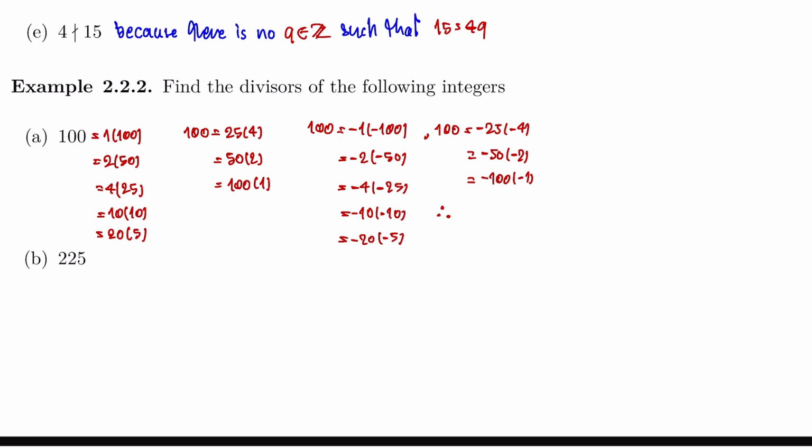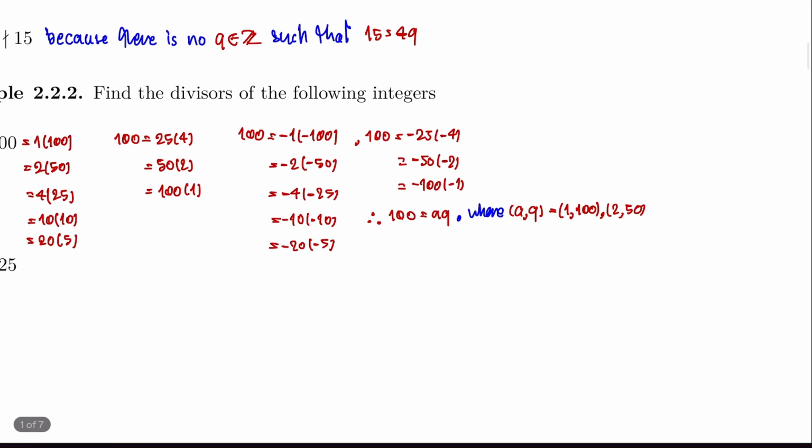So you might write 100 equals aq, where a and q can be 1 and 100, 2 and 50, and the list goes on and on.